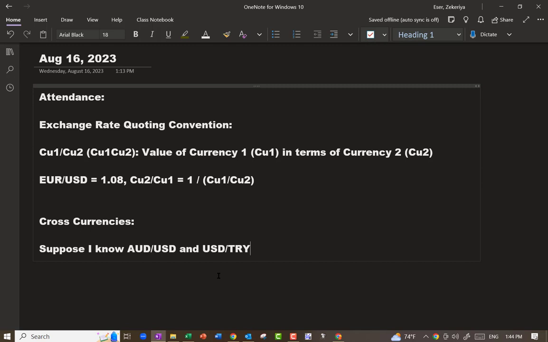But if you try to find the market of Australian dollars against Turkish lira, that's not a very liquid market. Because there aren't that many Australian people who do business with Turks, or Turkish lira versus Colombian peso. Other than the drug dealers who do not even use the peso anyway, nobody's going to be interested in that.